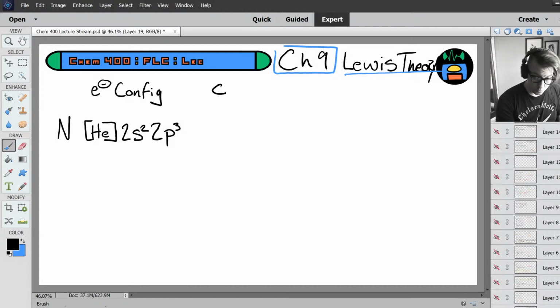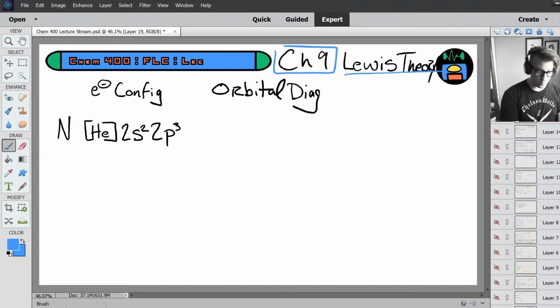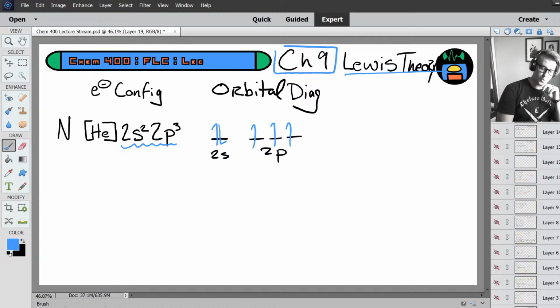We could write the orbital diagram for this compound. And in the orbital diagram, we're just looking at the valence electrons, right? So the orbital diagram here has the 2s and 2p subshells. And we have 2 electrons in our 2s orbital and 1, 2, 3 electrons in our 2p subshell.